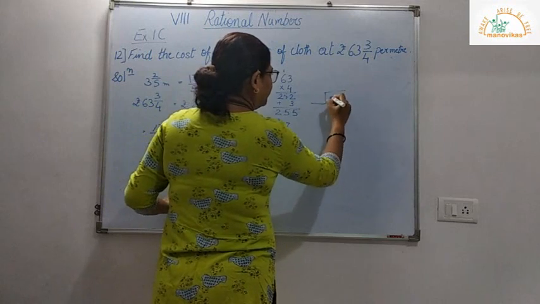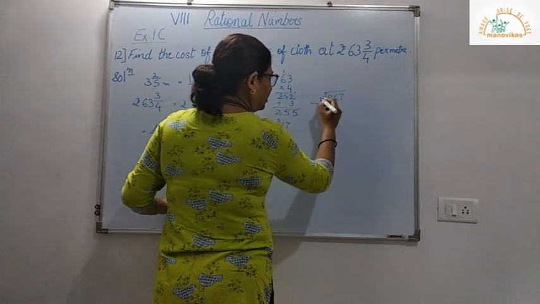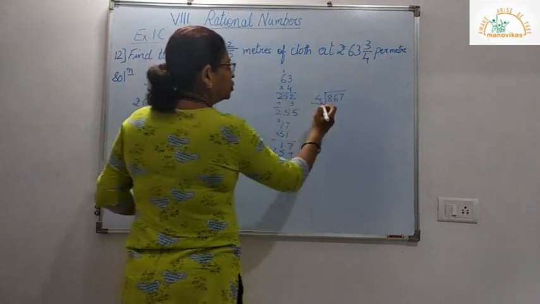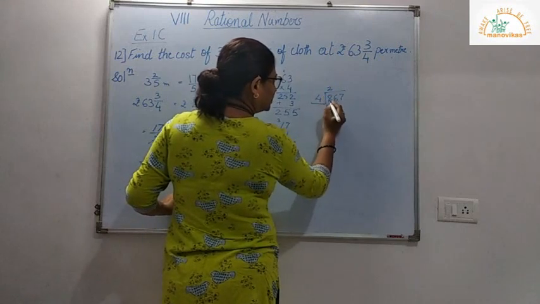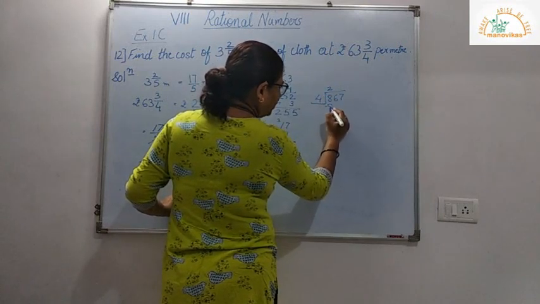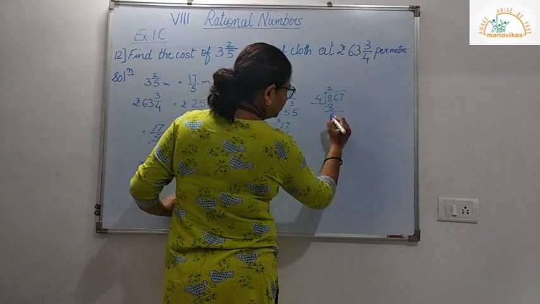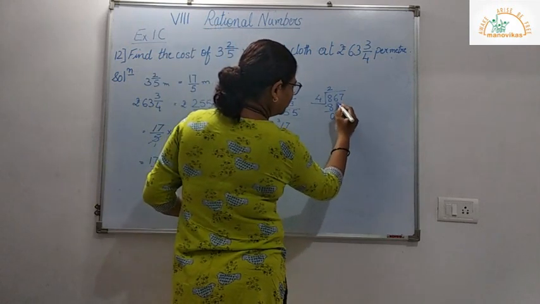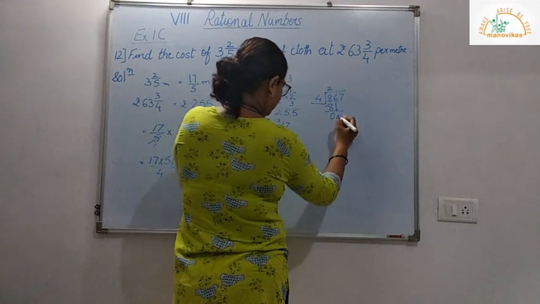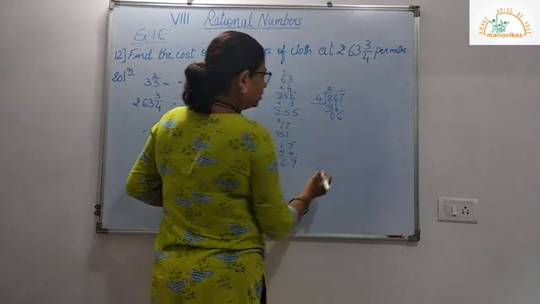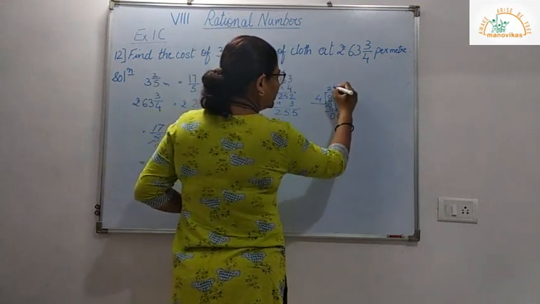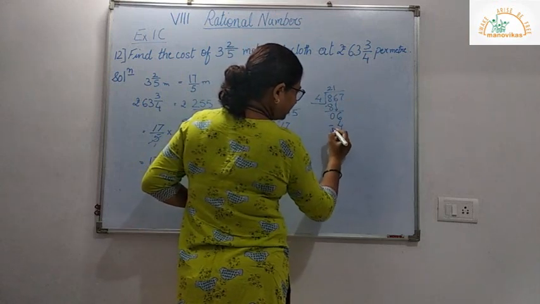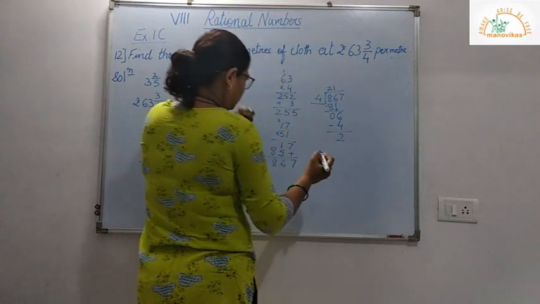So let me divide this now. 867 divided by 4. So 4 2s is 8. So here remainder is 0. I take the next number down, that is 6. Again 4 1s is 4. Negative sign. My remainder is 2.